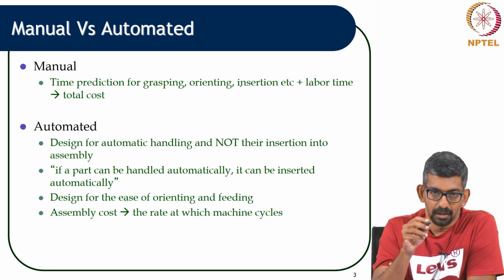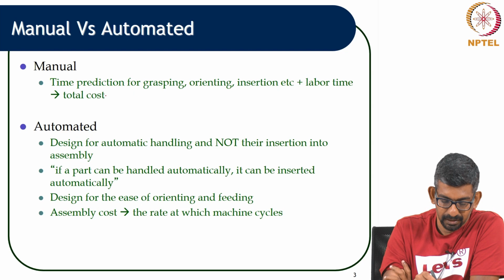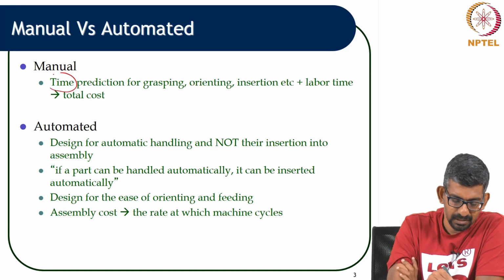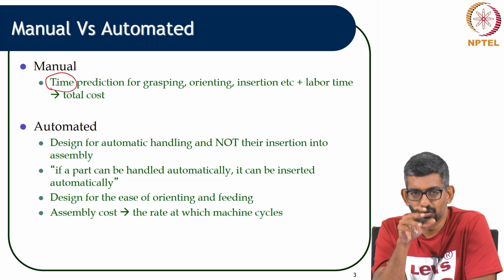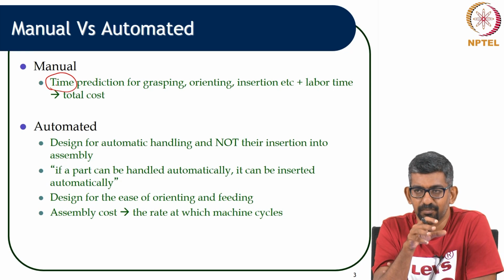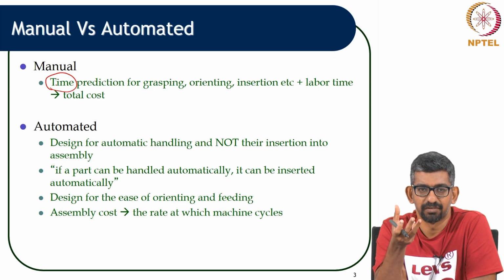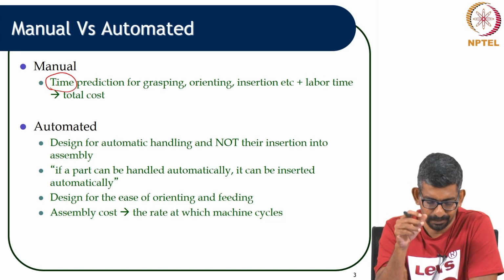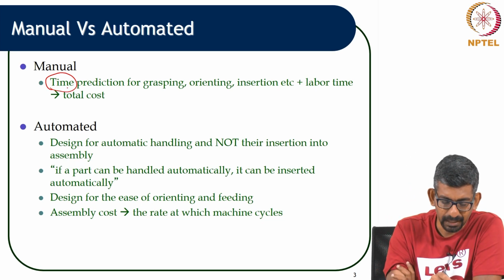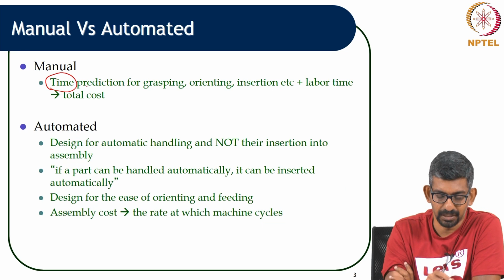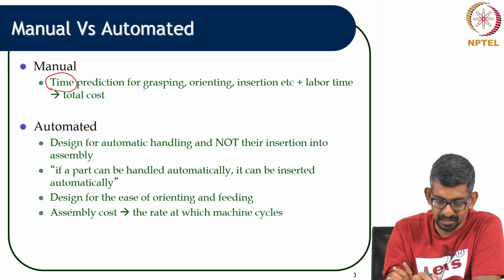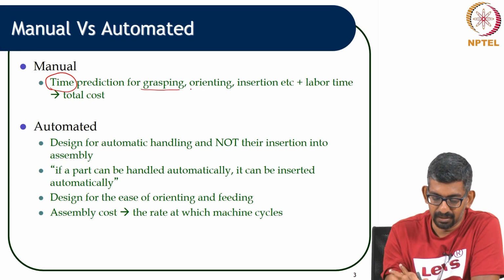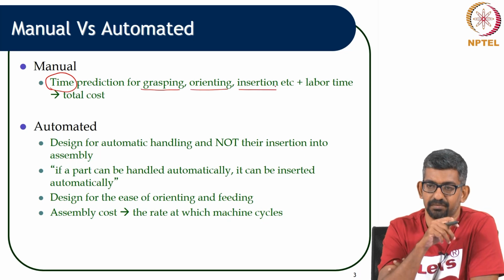If you recall, in manual assembly, we were predominantly interested in the time perspective. Here also we will be interested only in time, because that is exactly the advantage of mass manufacturing, wherein robotic assembly comes into the picture. But the time was influenced in manual assembly by factors such as grasping, orienting and inserting.